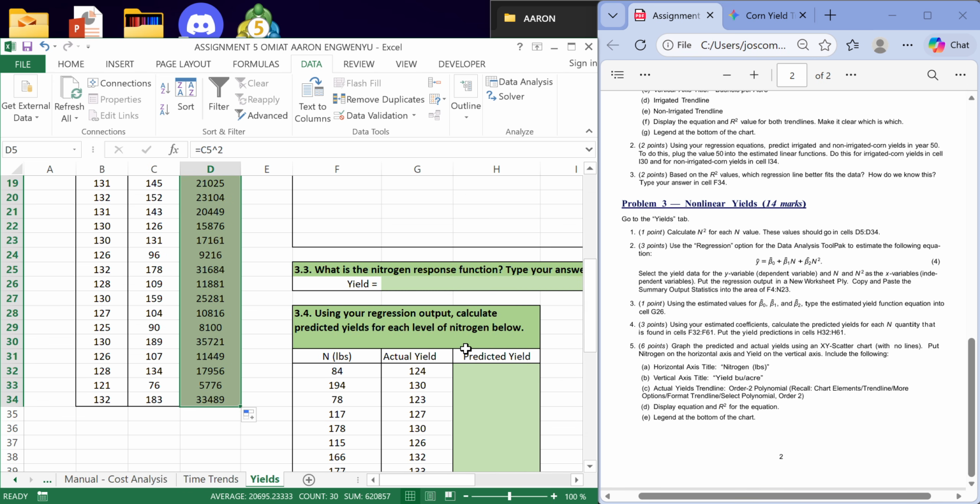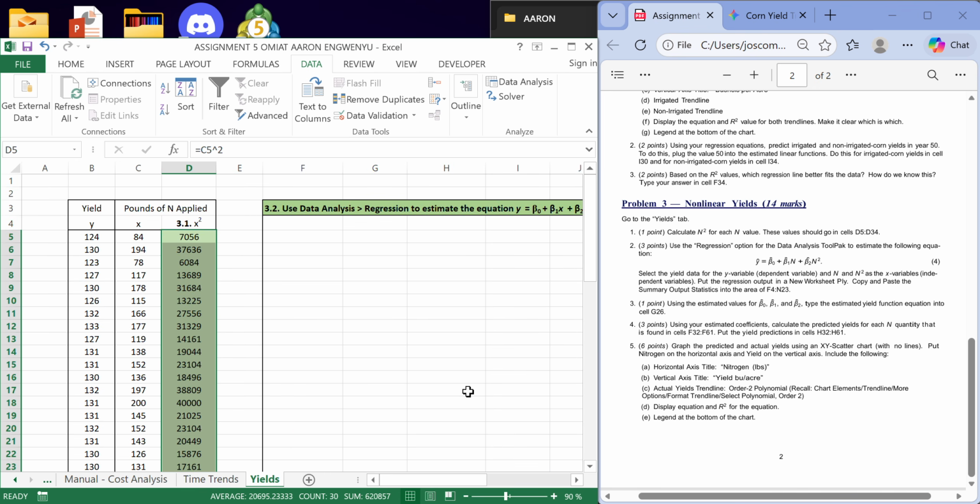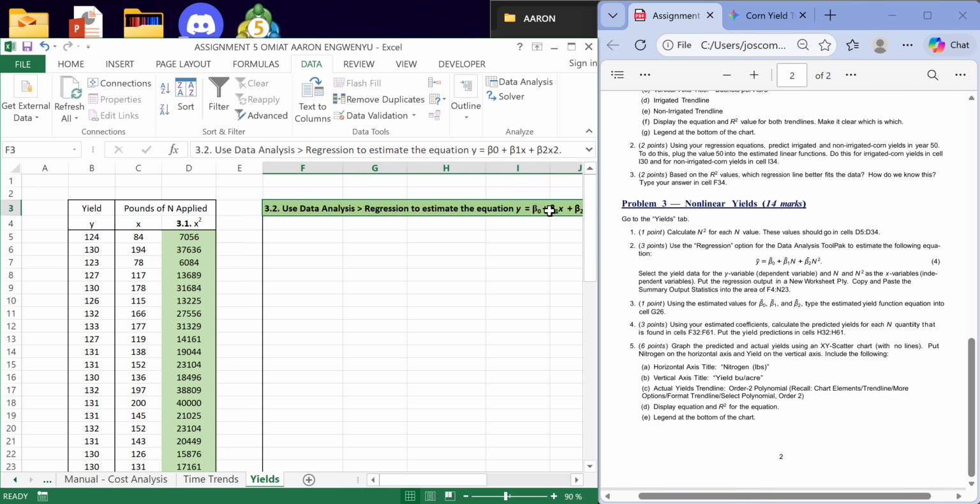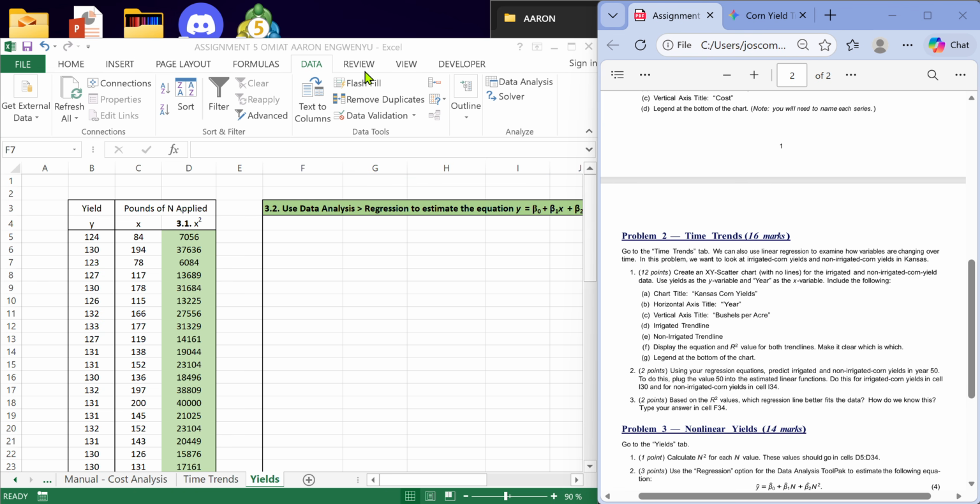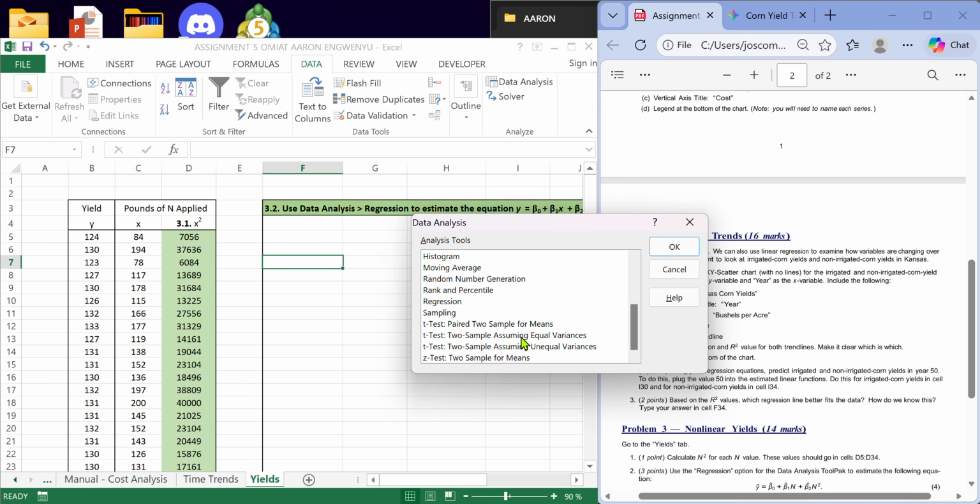Is there more data down? Zoom out a little to allow a clear view. So to get the regression option, we're going to go to Data, then Data Analysis, and you can come and select Regression here.